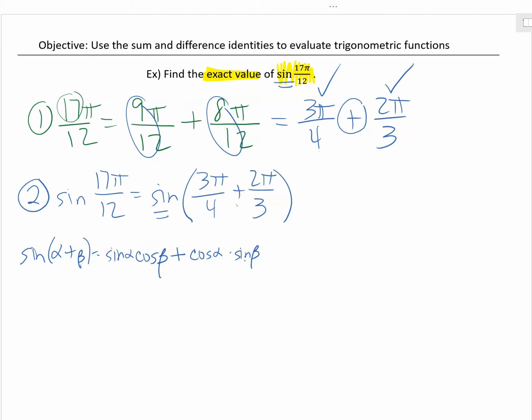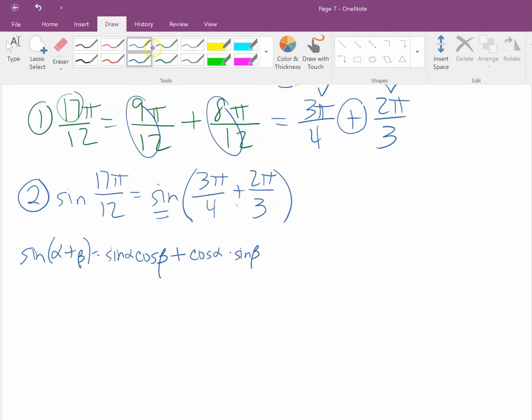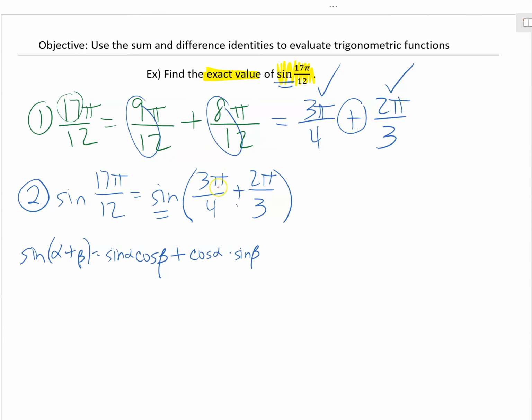Now I have to realize at this point that my 3 pi 4ths is my alpha and my 2 pi 3rds is my beta. So this is going to become sine of the 3 pi 4ths times cosine of beta, so cosine of 2 pi 3rds, and then plus cosine of my alpha, which is my 3 pi fourths, times the sine of the beta, 2 pi thirds.